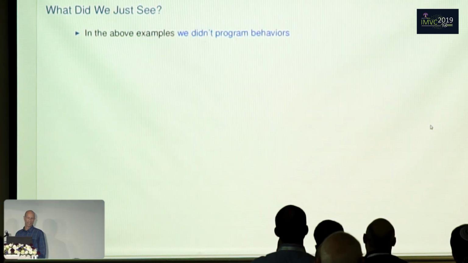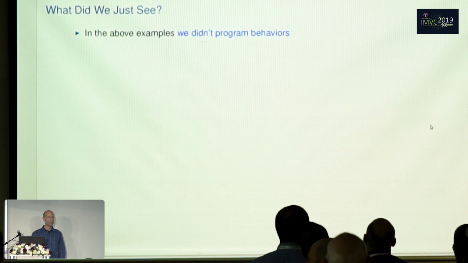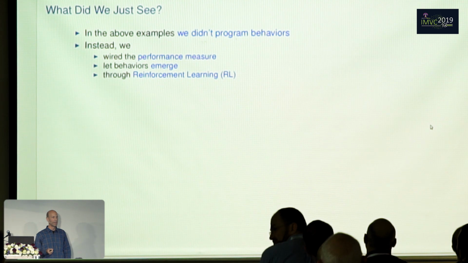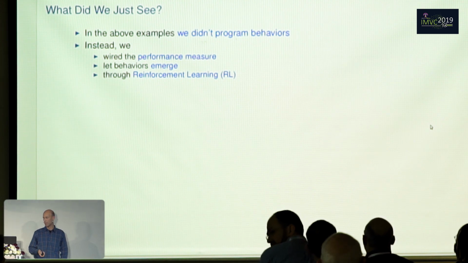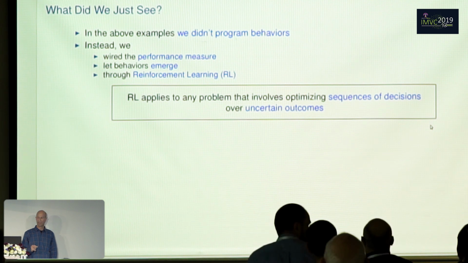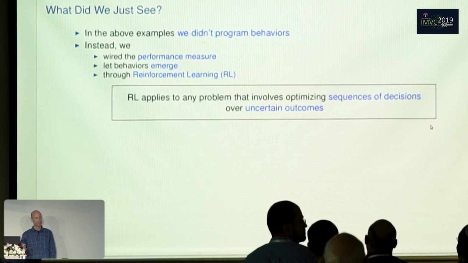So what did we just see? In the above examples, we didn't program behaviors. Instead, we wired a performance measure and let behaviors emerge through reinforcement learning. And an important point to remember is that reinforcement learning applies to any problem that involves optimizing sequences of decisions over uncertain outcomes.